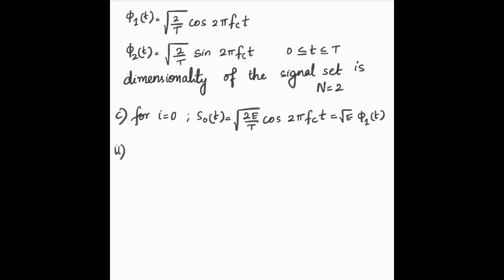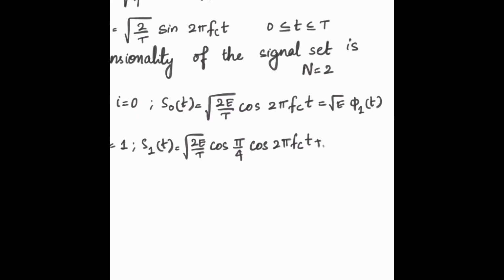Now the second one, for i equal to 1. S1 of t is equivalent to root of 2E by T into cos of pi by 4 into cos of 2 pi fct, elaborating the equation given in the problem, plus root of 2E by T into sin of pi by 4 into sin of 2 pi fct.